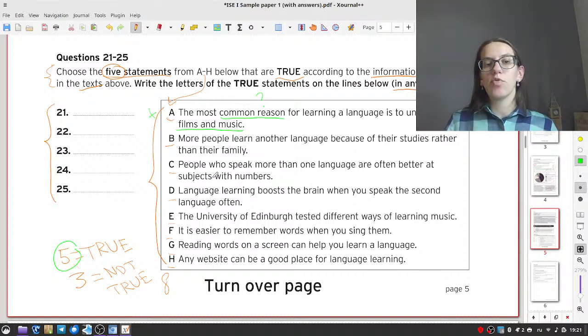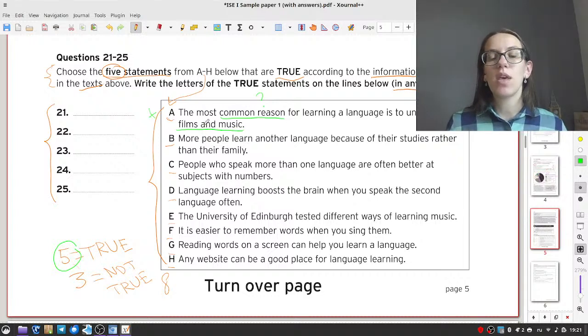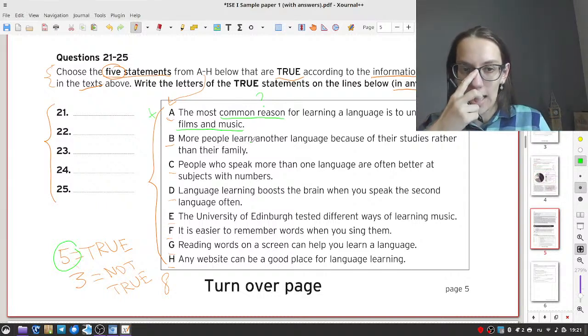And if you get, for example, 5 already, 5 of the other ones are true, then A is not correct. So so far I would say that it's not correct, because films and music is not the same as pleasure and personal interest. There can be other types of personal interest, but maybe if you think you're not sure, you can just put a question mark and check later.